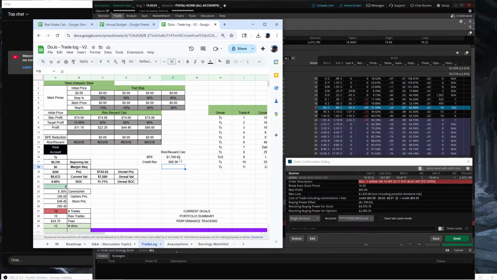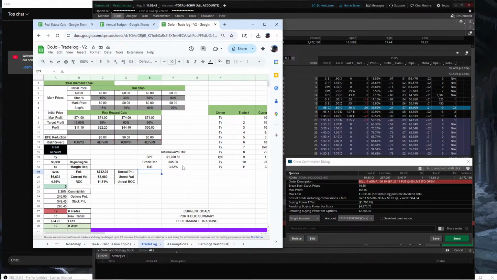So we do this, divided by this, we're going to get 3.82%. Our RR. So if we look at our risk to reward, we're looking at 3.82%. So 65 out of 1700 is 3.82%.